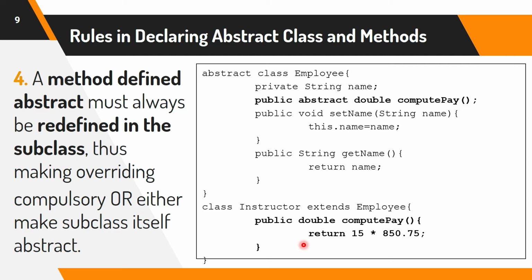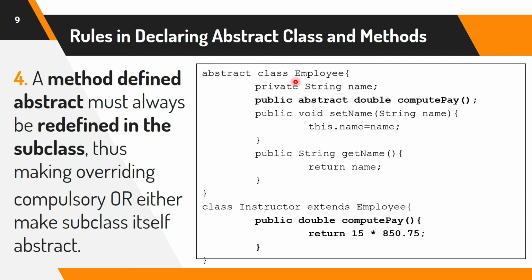So, here, it should have the same access modifier or access specifier, same return type, and same method name. Of course, same parameter list also. Nagkaiba lang kasi nawala na yung keyword na abstract because it is already implemented here.